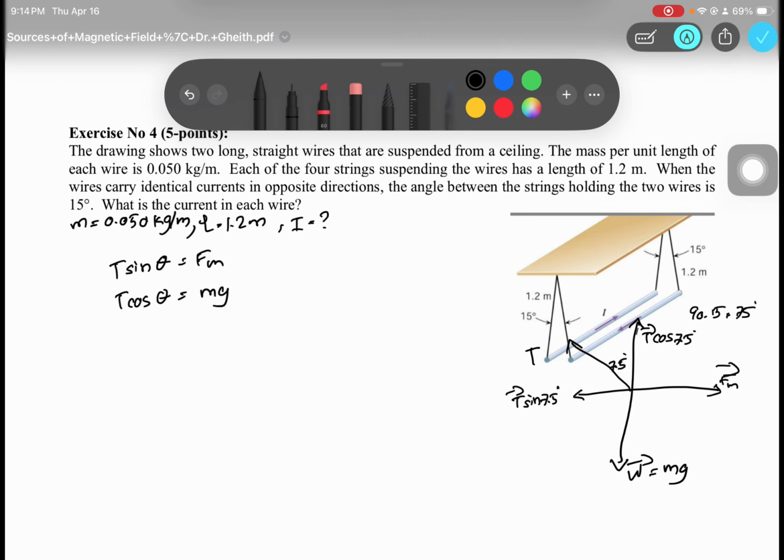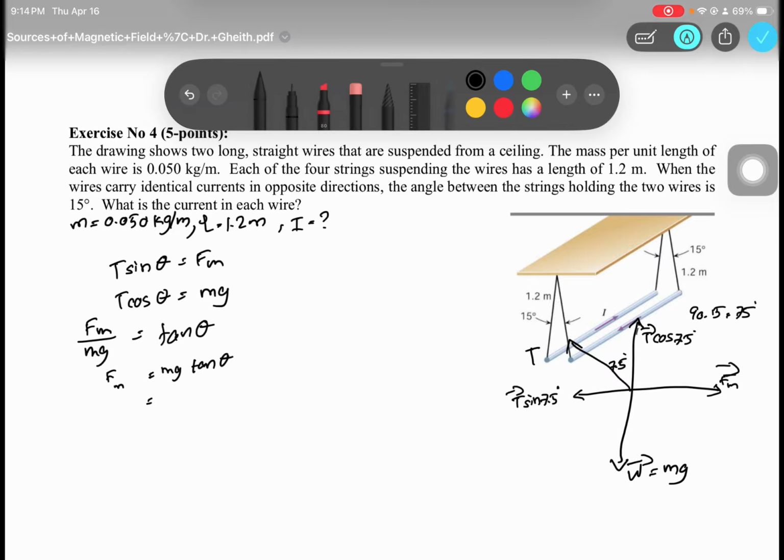Okay, so to compare this, Fm by mg is equal to sine over cos, which is tangent theta. So Fm is mg tan theta.